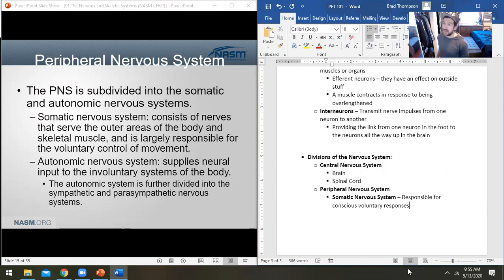Okay, so your somatic nervous system is in charge of all the stuff you want to do. When you say you want to contract your bicep, that's your somatic nervous system controlling that response. Me talking right now, that is my somatic nervous system. That is something that is happening under my voluntary control.